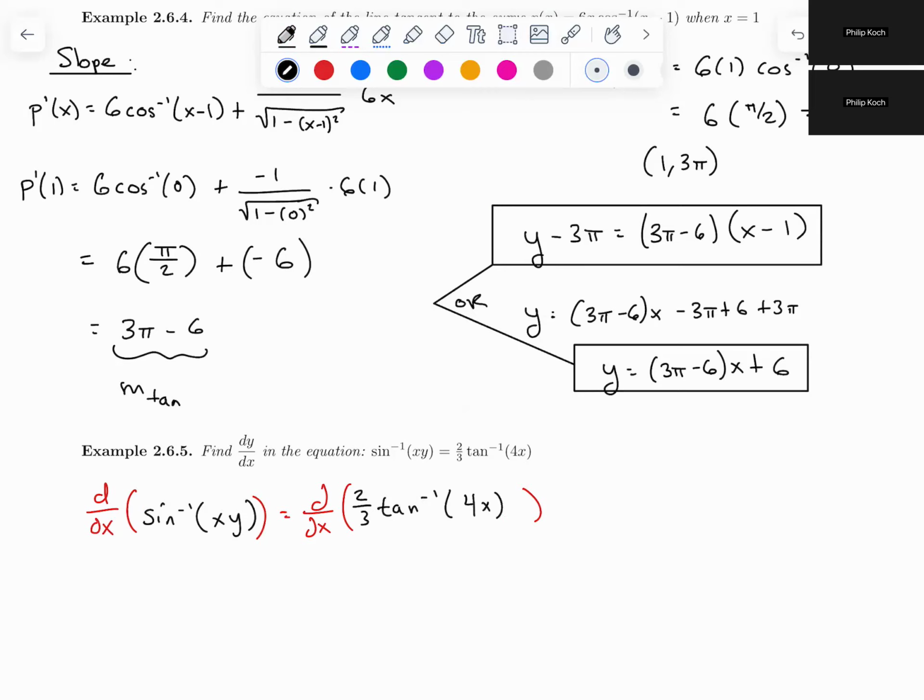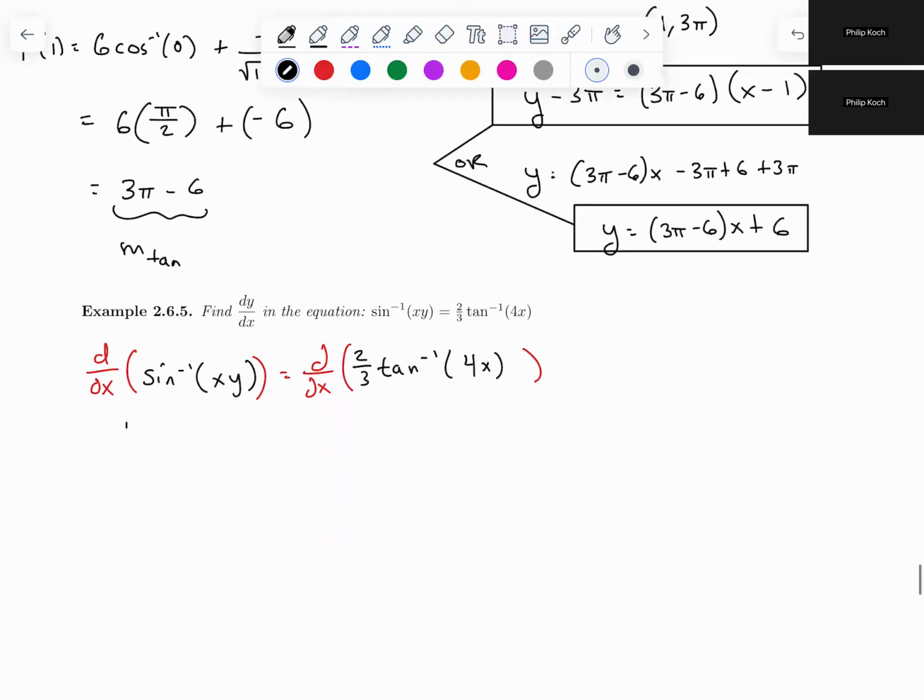So sine inverse, the derivative of the left-hand side equals the derivative of the right-hand side. Sine inverse has a derivative of 1 over the square root of 1 minus x squared. But this is a chain rule with a product rule inside it. So it'll be 1 over the square root of 1 minus the quantity xy squared times, I'm going to do this one in a couple steps because I want you to really see it, because this one's weird when you first see it.